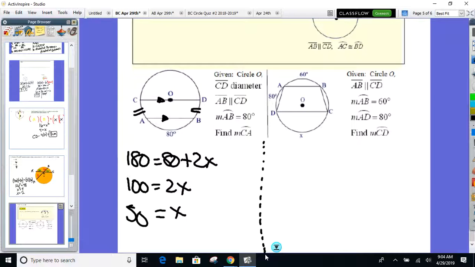Next two, please. 360 degrees in a circle, 180 in a semi.